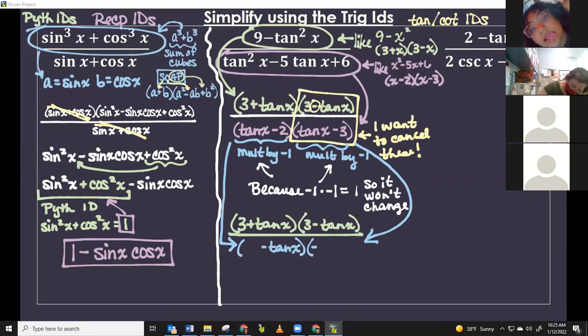The tangent, which was positive, will become a negative. And the 2, which was negative, will become a positive. 2 was negative, I multiplied it by -1. Tan was positive, I multiplied it by -1. Over here, the tangent's going to switch signs, and the 3 is going to switch signs.